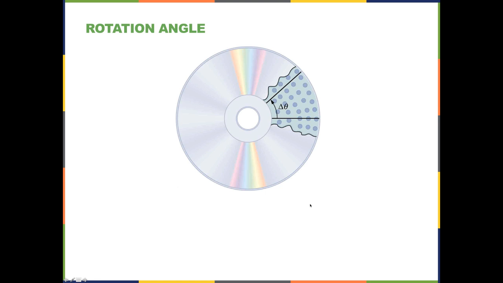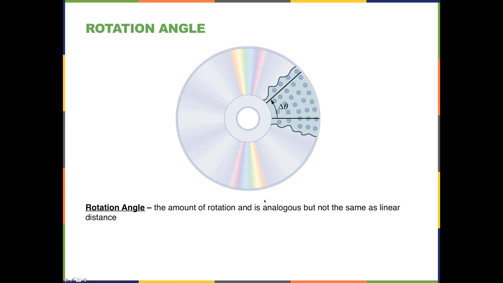In order to understand or discuss uniform circular motion, we have to talk about something called the rotation angle. The rotation angle is the amount of rotation that occurs at any particular time and is analogous to, but not the same as, linear distance.